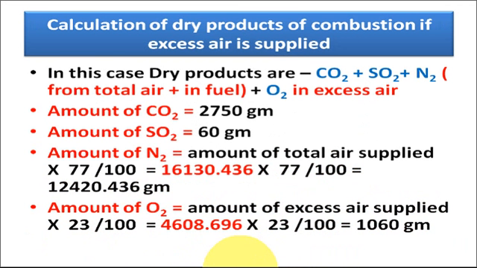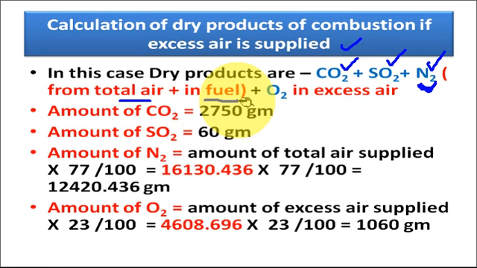Now, the second case is the calculation of the dry products of combustion if excess air is supplied. In this case, what are the dry products? As we have discussed, the dry products are carbon dioxide, sulfur dioxide and nitrogen. This nitrogen comes from two sources. One is supplied from air, the second is present in the fuel itself.